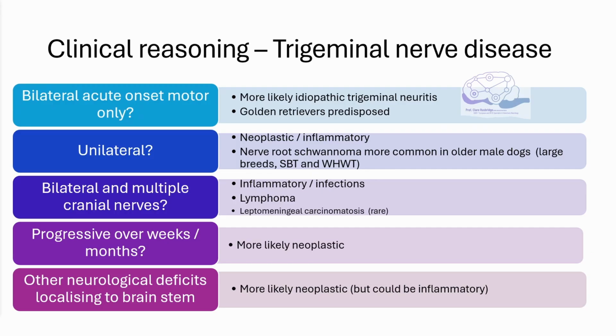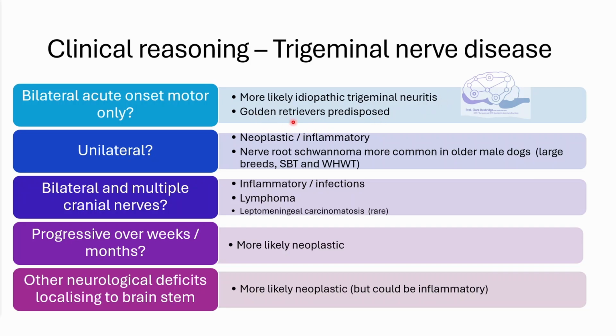So this is clinical reasoning according to me, so it might be wrong, but this is how I think about trigeminal nerve disease when it's presented to me. If it is bilateral, acute onset and motor only, then it is much more likely to be idiopathic trigeminal neuritis. I think you can get sensory involvement with that disease, but it's much more uncommon, and typically it's just motor.